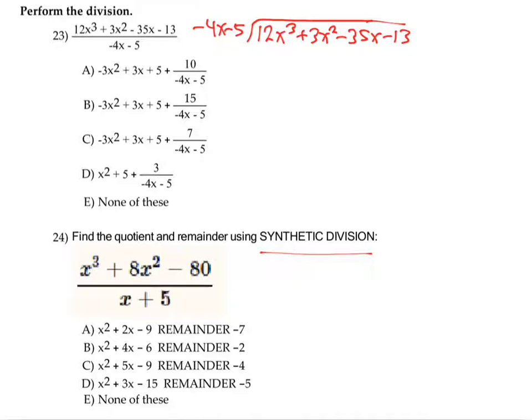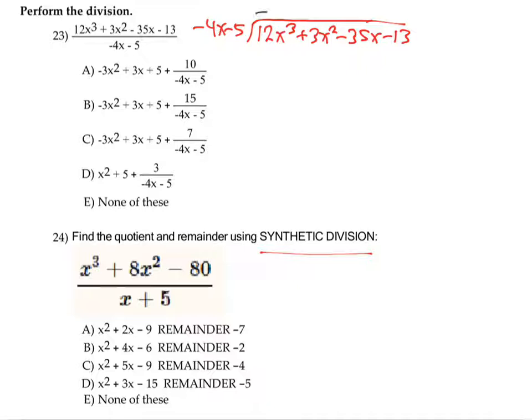Here we go. So what am I going to put up here? What on the top, what times the front will match the front. Remember, that's what it's all about. Whatever you put on the top, what it's going to multiply, what times the front will match the front. It's got to match it exactly. Same sign, same everything. So what times −4x will exactly make 12x³?